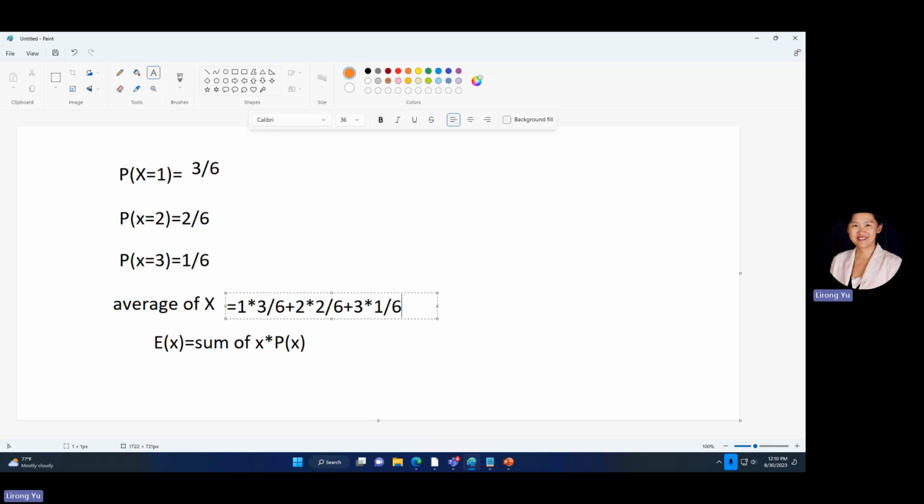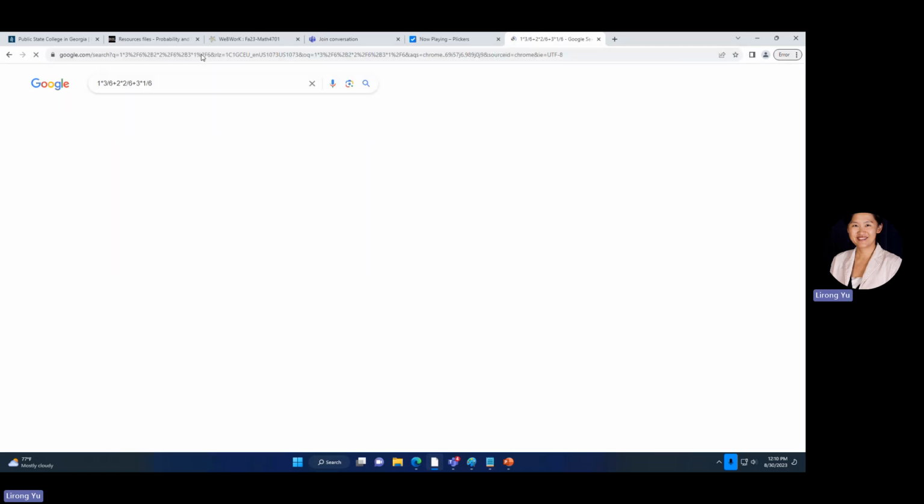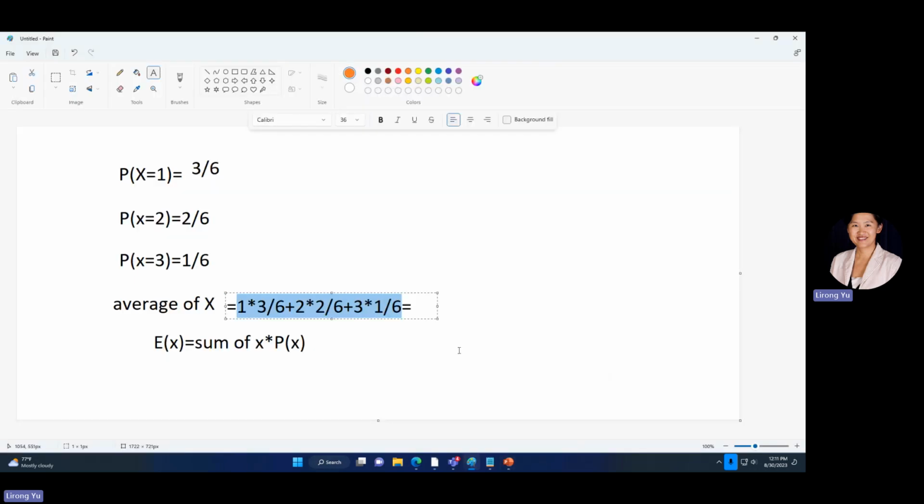This total summation is a weighted average of the X values, and if you put it in a calculator, you see it is leaning toward 1. It's higher than 1 because we do have values higher than 1, but it's definitely closer to 1, since 1 is heavily weighted in the entire probability model. I got 1.667.